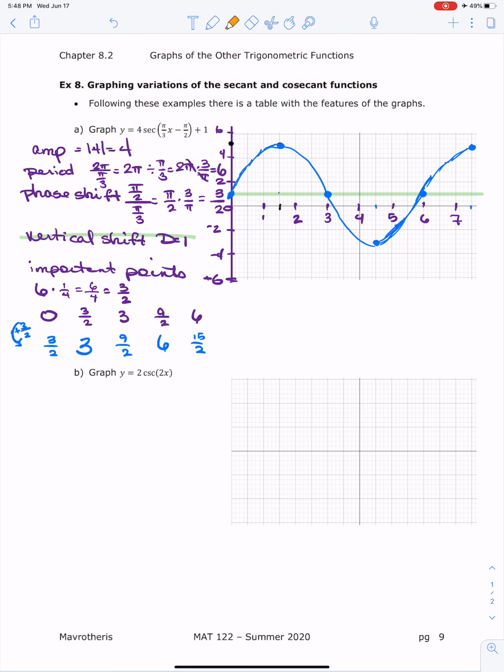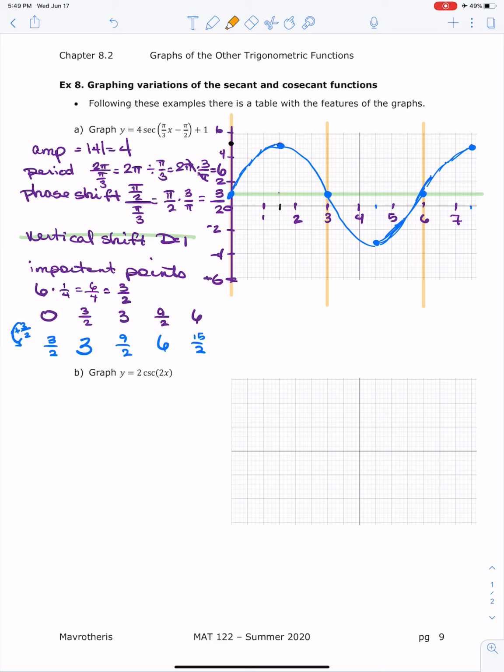So wherever my cosine is 0 or hits the midline, I'm going to have an asymptote. So now I'm going to throw those in here. So there's one asymptote. Here's an asymptote. Okay.